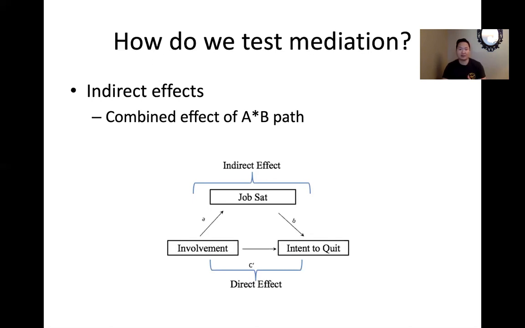Your indirect effect, or your test for whether or not you have mediation, is testing A times B and seeing whether or not that's significant, which makes sense, right? We're basically saying, does this A, the involvement to job sat and job sat to intent to quit, does that work? Is that significant? Well, we can find that out by taking that A times the B. So we're testing that whole mediation relationship.